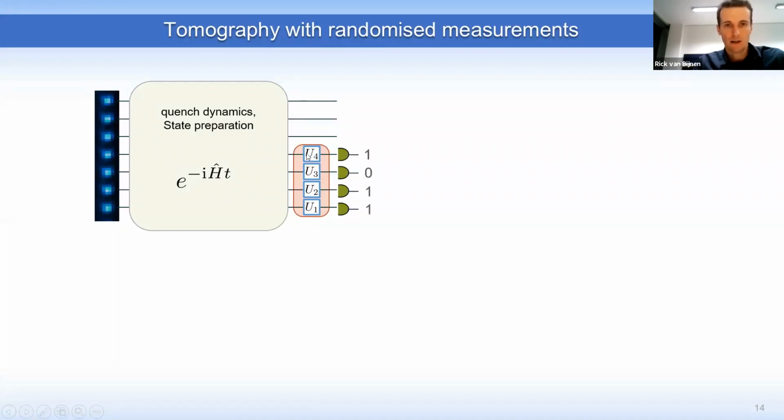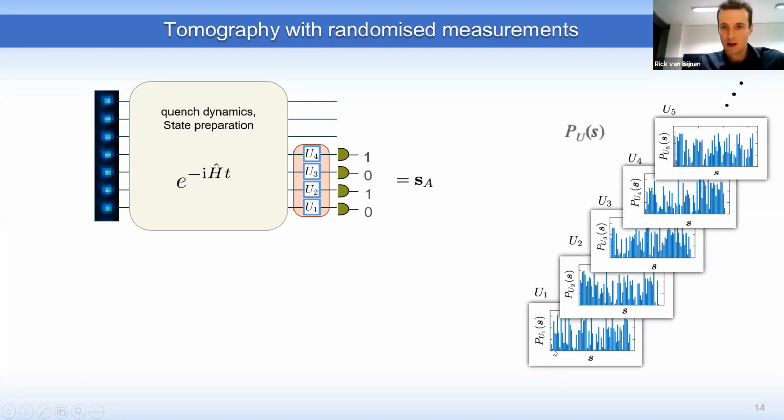If I measure in the Z basis, I always get either a 1 or a 0 out if I have spin 1/2 states. So I measure bit strings all the time. This way I collect a lot of bit strings, right? So let's call these bit strings S. I collect a lot of data, every time in a different random basis.